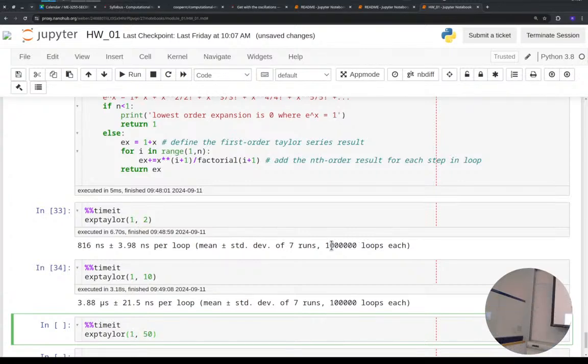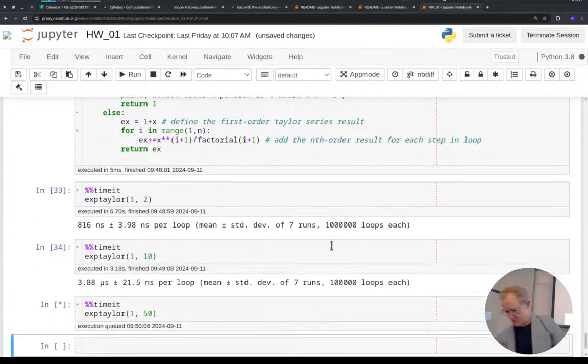So when I went from 2 to 10, I did 5 times as many calculations, and it went from, I'll call it 1 microsecond to 3 microseconds. So roughly, if it's 5 times bigger, I'd say it's going to be about 4 times this time, just from a rough estimate. So here I had 1, there I had 4. If I run 50 and multiply by 5 again, I think it's going to be 4 times this, so 16 microseconds. That's my prediction, and we'll see what we get.